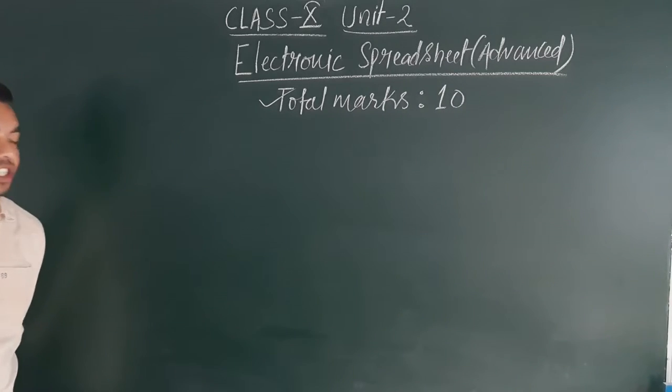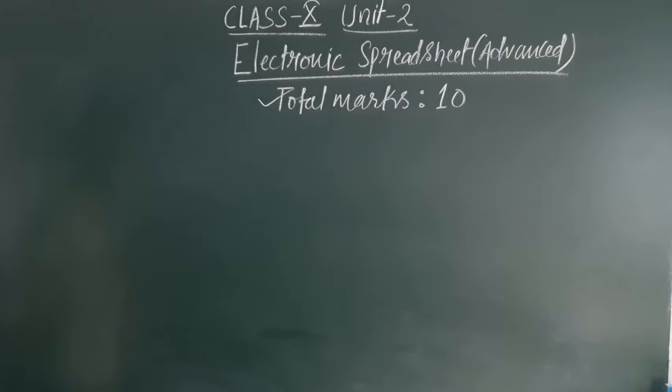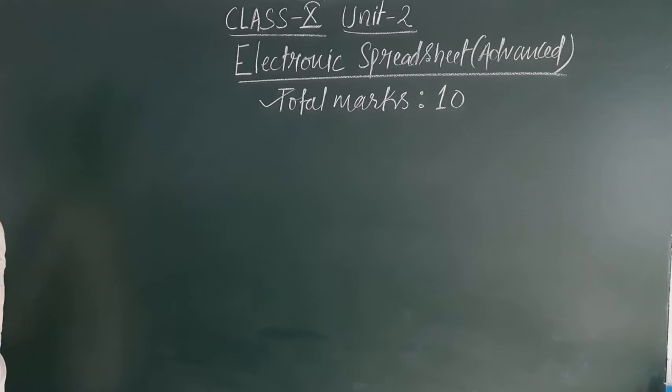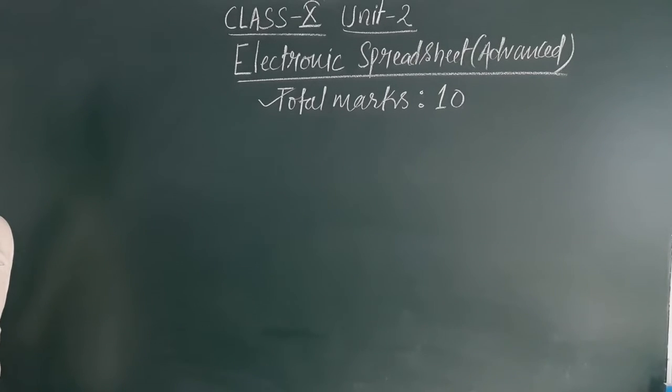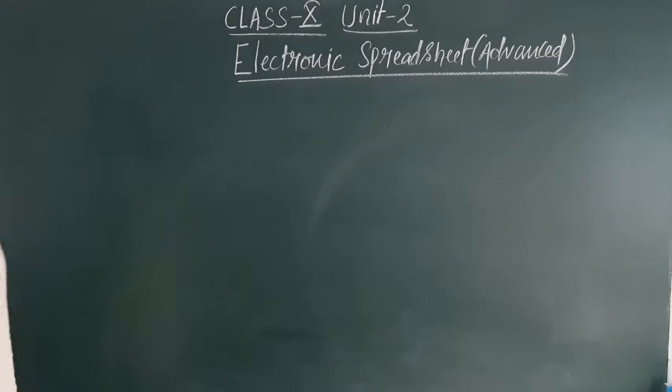Now in our today's discussion, we will be concentrating on the data that are entered inside the cell in a spreadsheet application, and the various terminologies that are applicable whenever we are entering data. So let us go through it. What are the different terms that we are going to discuss here?